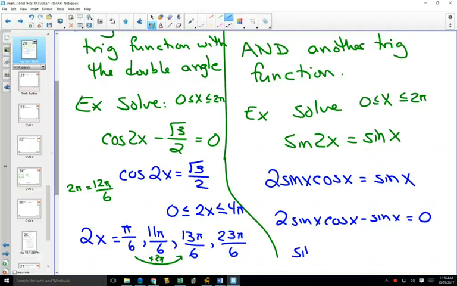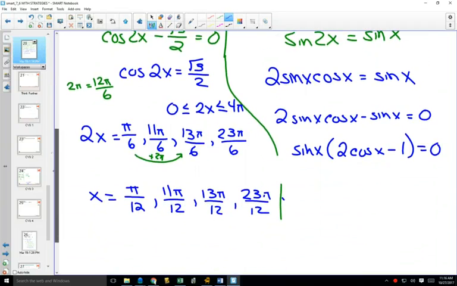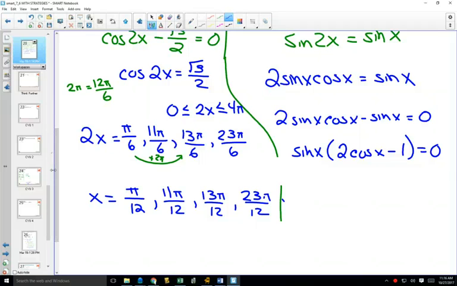And we have a common factor of sine x on both sides. Now that we've done that, sine x could be 0. Cos x could be a half.